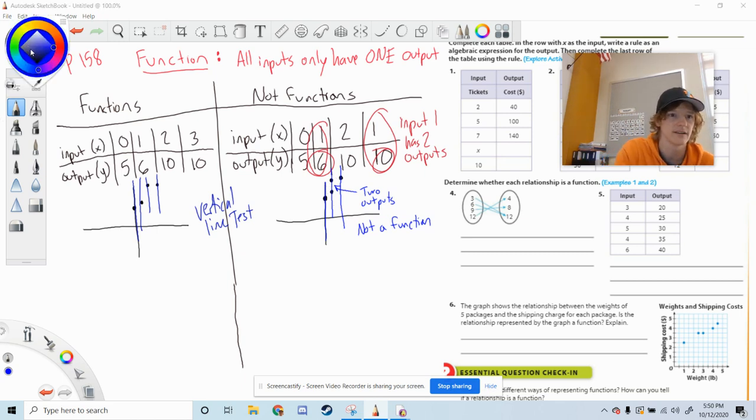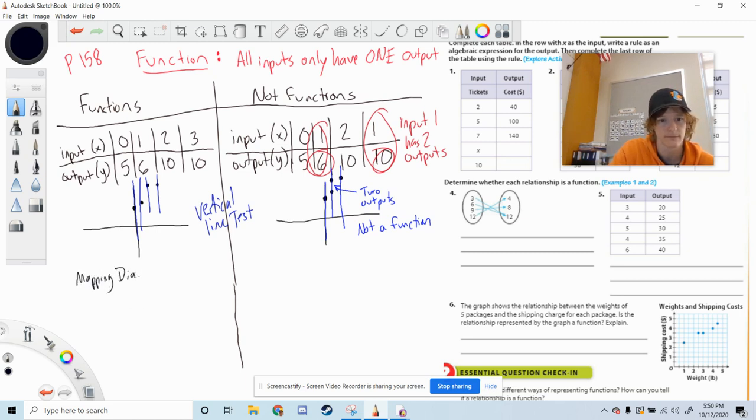Okay. The next way we can represent these is called a mapping diagram. It's where we have our inputs and we have our outputs. And it's usually like this, and there's usually lines. So our inputs here were 0, 1, 2, and 3. And our outputs are 5, 6, 10, and 10 again.